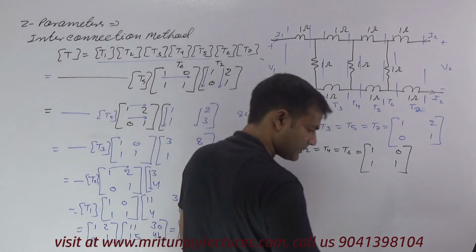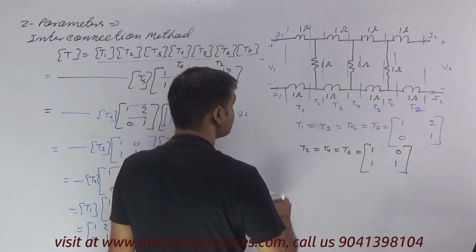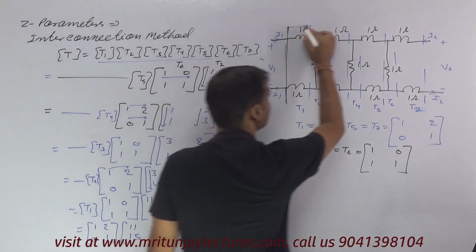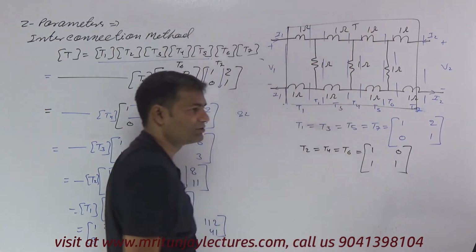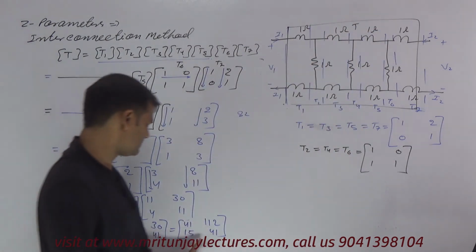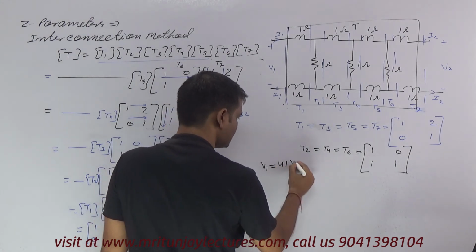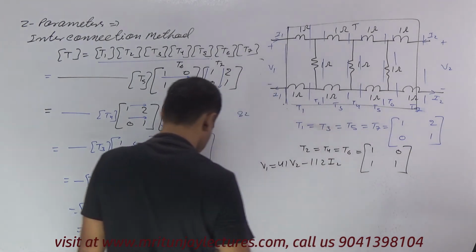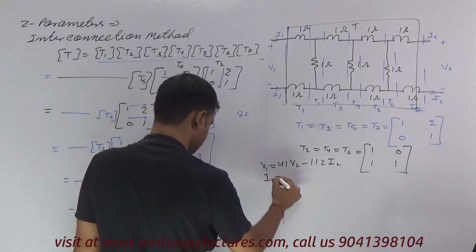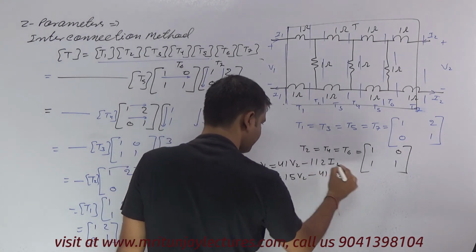Again we got T. T means, we got corresponding to T, means this one V1 is written as 41 V2 minus 112 I2, and that is I1 is written as 15 V2 minus 41 I2.